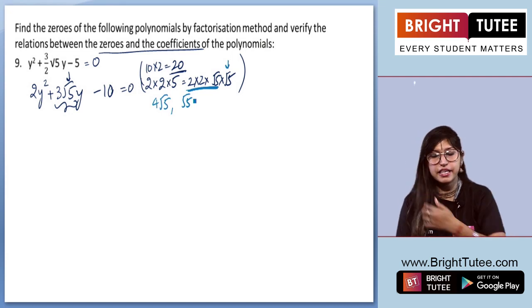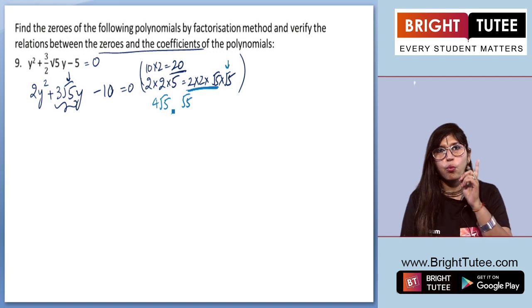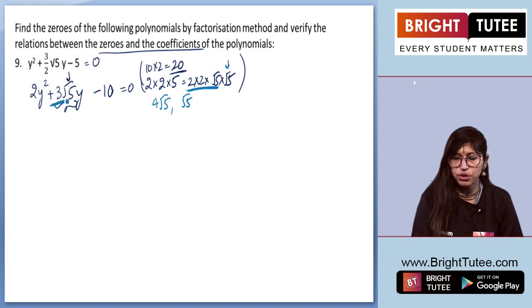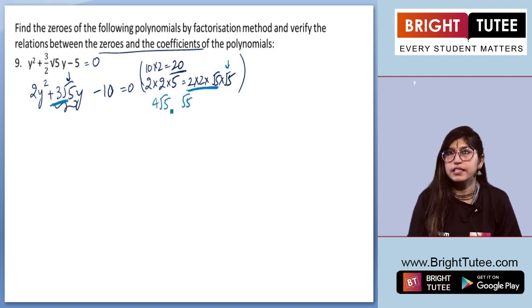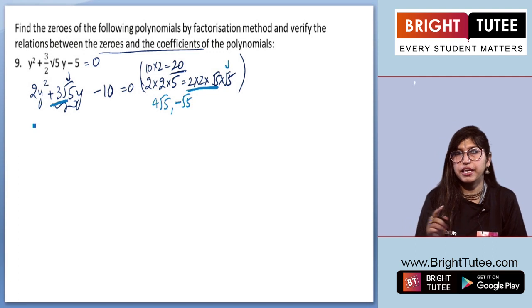But since I need minus 10 over here, one of the terms will be negative. We need plus 3 root 5, and since 4 root 5 is greater than root 5, we'll be getting minus root 5 and 4 root 5 as our breaking terms.